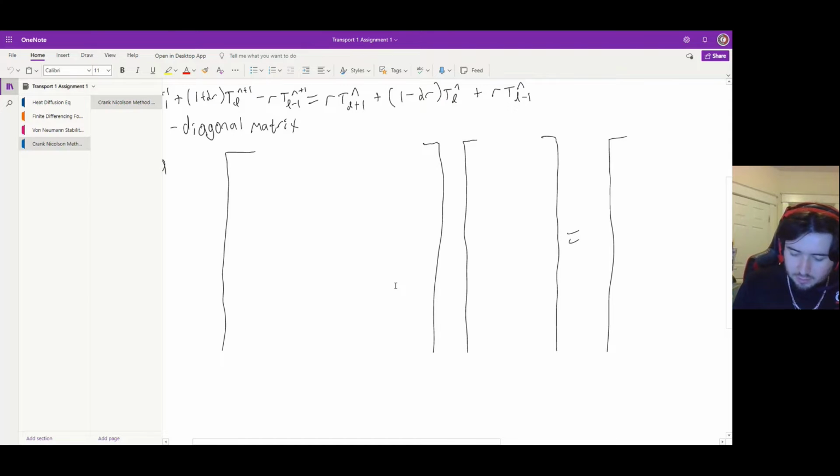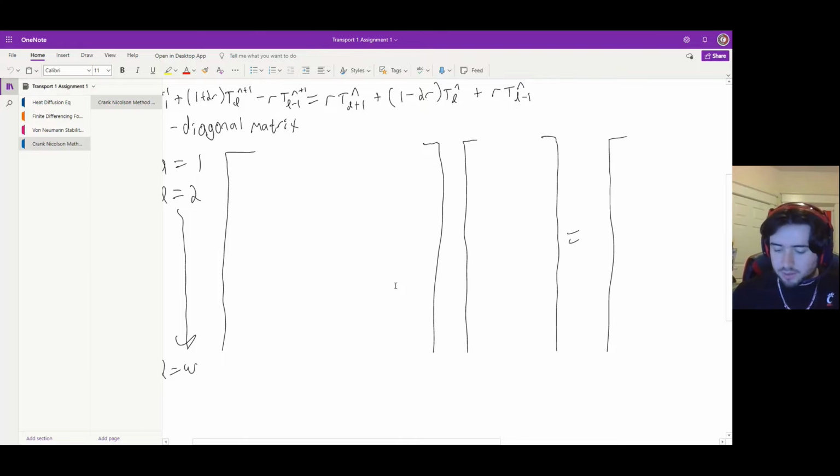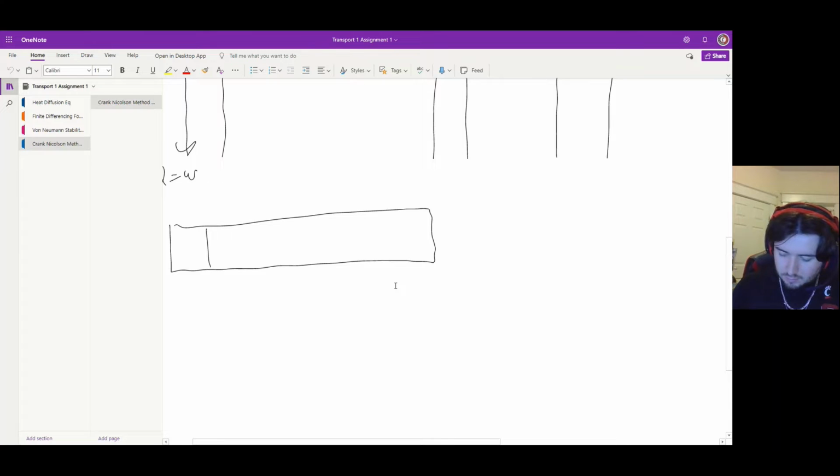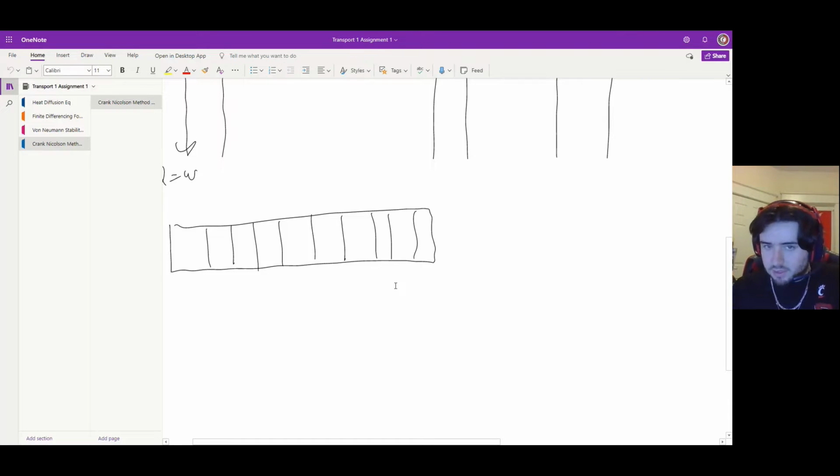We're going to start at L equals 1, L equals 2, and end up at L equals W. Because if you remember from my finite differencing video, W was the end length of our bar.